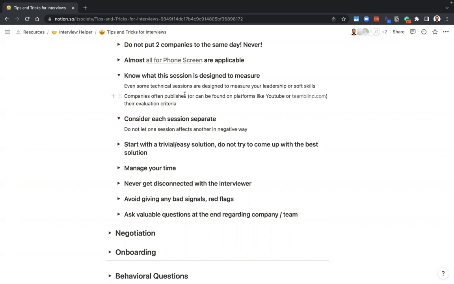In one of the sessions I had, I explained my solution. They asked me, can we improve this without developing anything? We were just discussing. He said, can you improve this? I had many ideas.